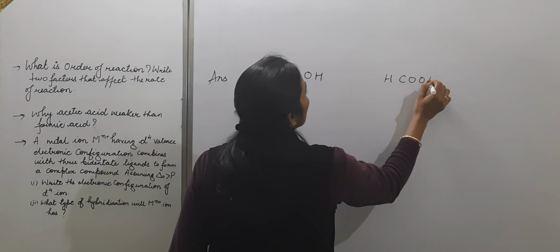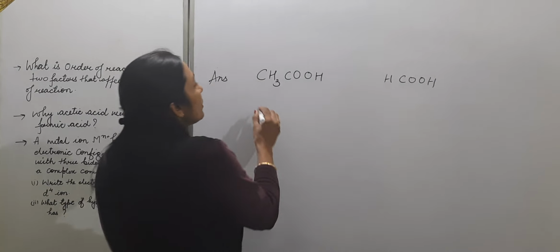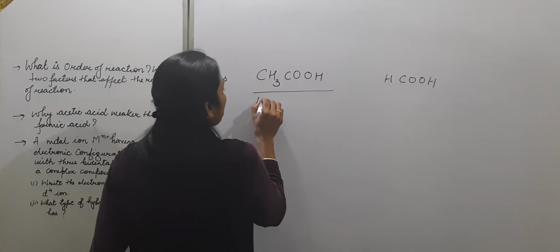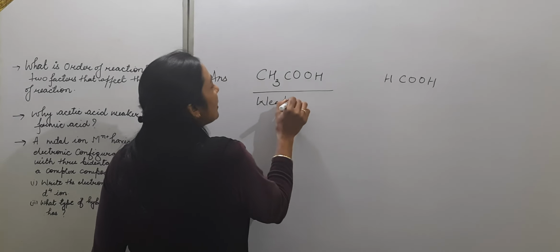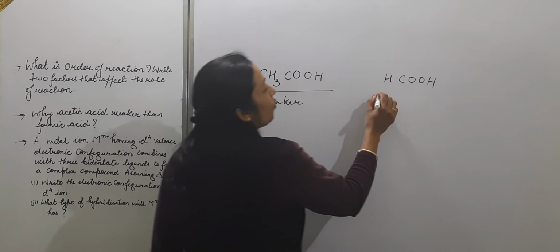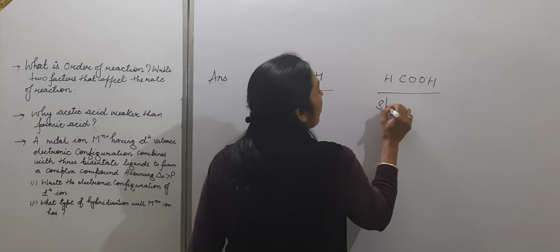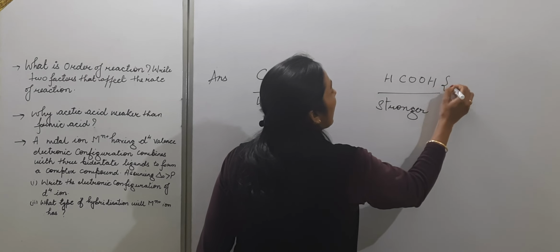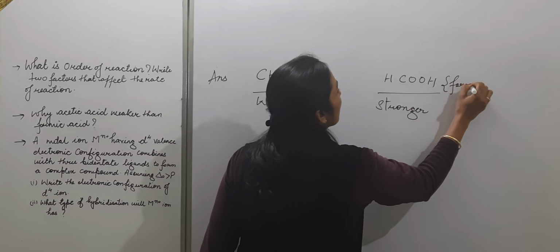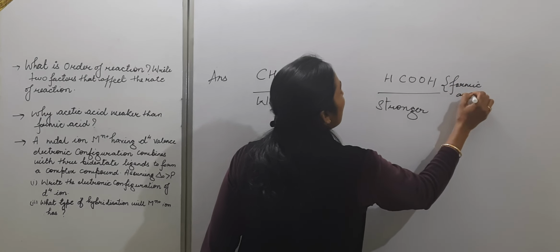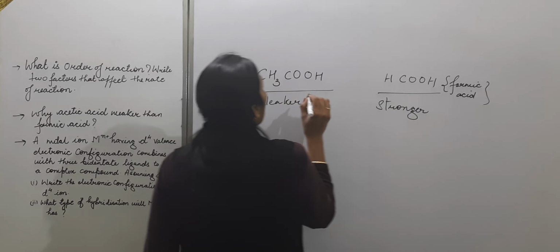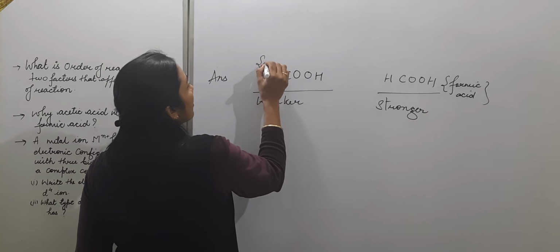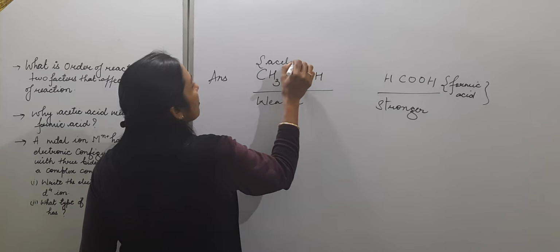We have to just tell how this is weaker. Why is the acetic acid weaker and why is the formic acid stronger? ये क्या है? This is the formic acid. And this one is acetic acid.